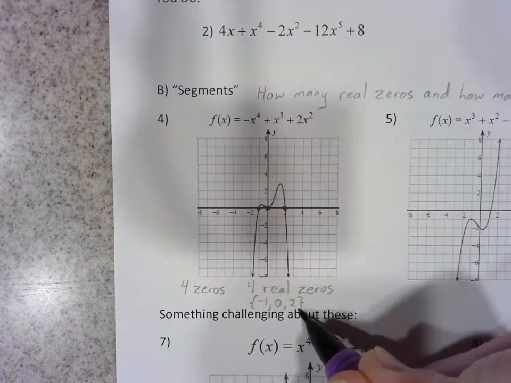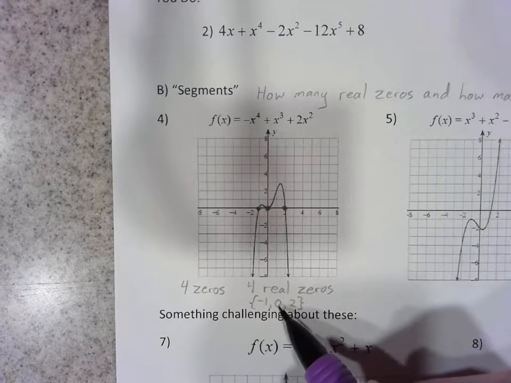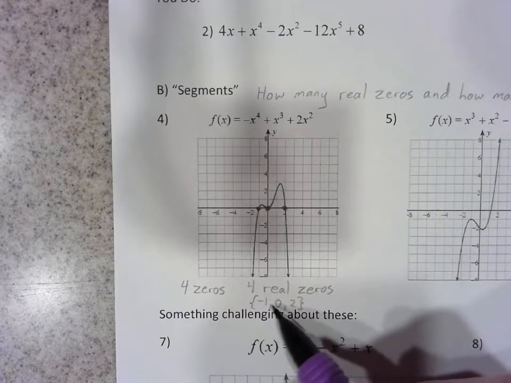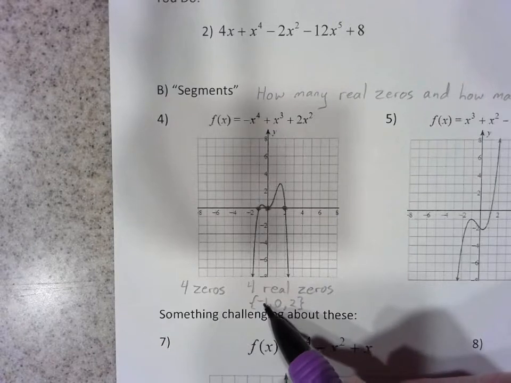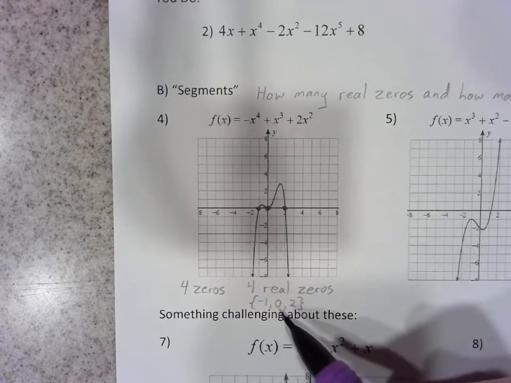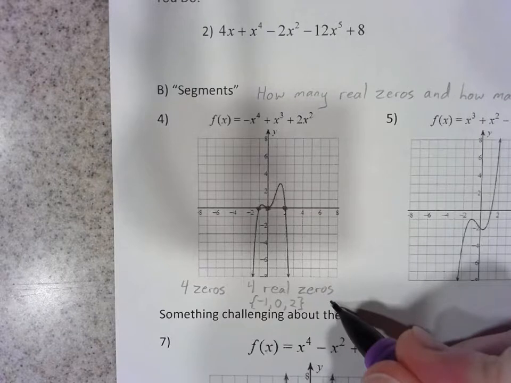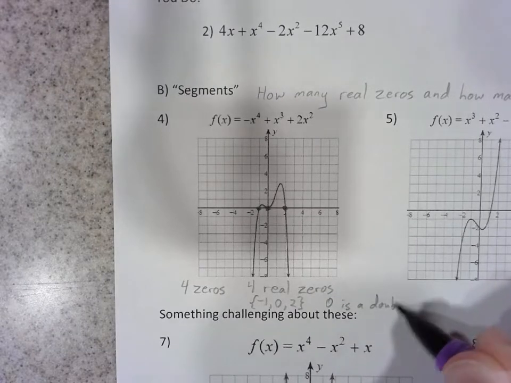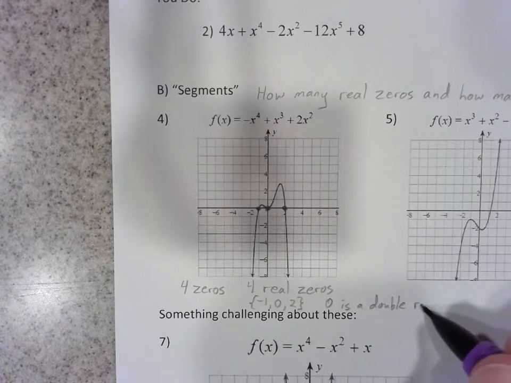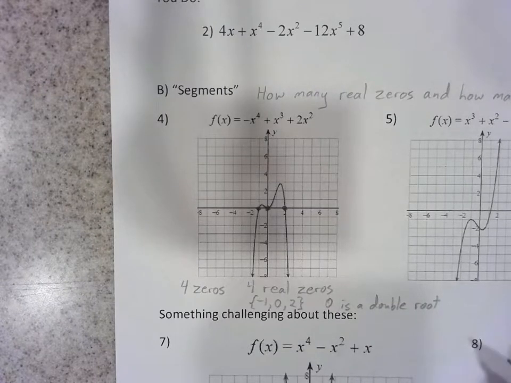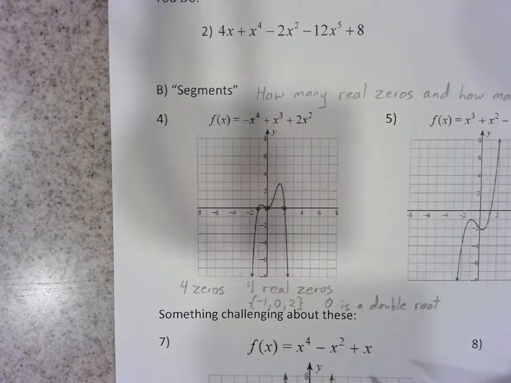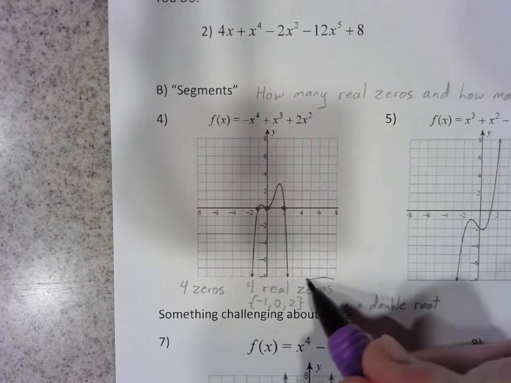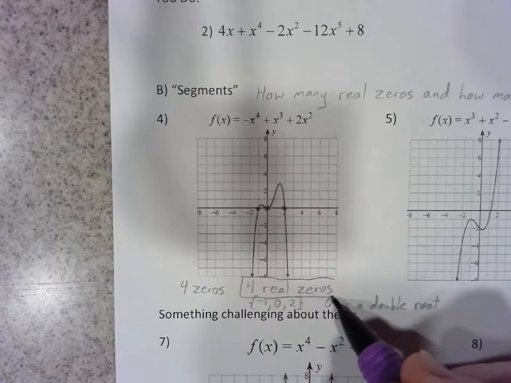And we don't have to write 0 twice, but just know that 0 is considered to be a double root. It means it happens twice. Okay, so what I'm looking for here is there are 4 real zeros.